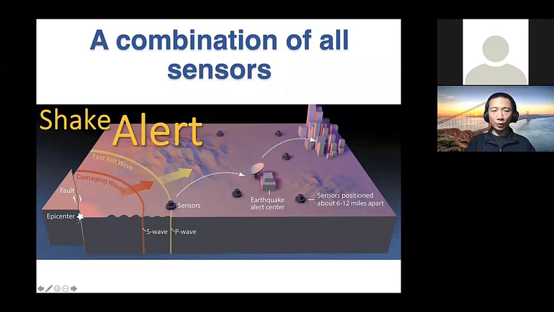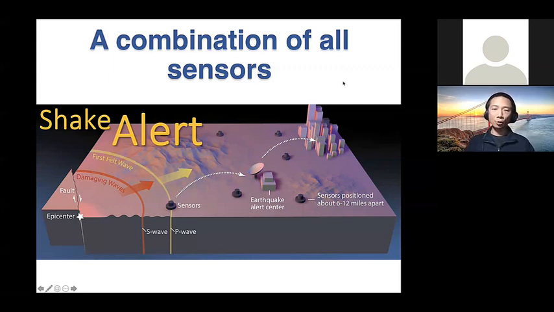An earthquake generates two types of waves, a P wave and an S wave. I assume everyone knows about the P and S waves from their introduction to earth science. These waves travel at roughly the speed of sound. So if we detect the earthquake at this sensor here, we can send a signal back to the target city we want to protect.